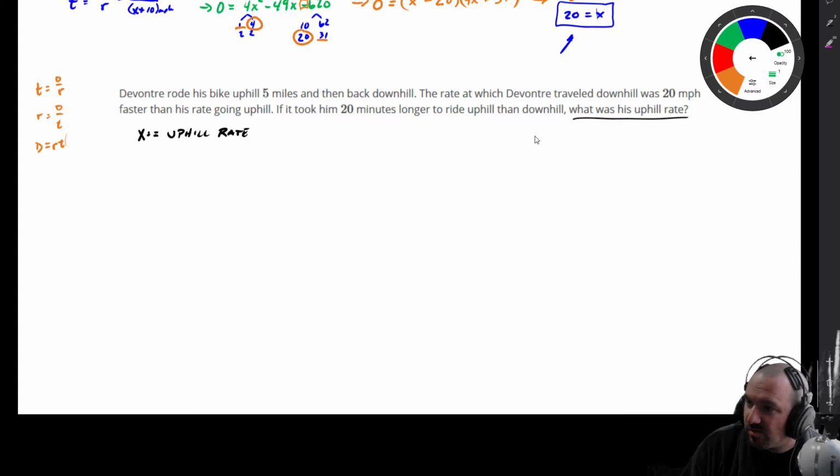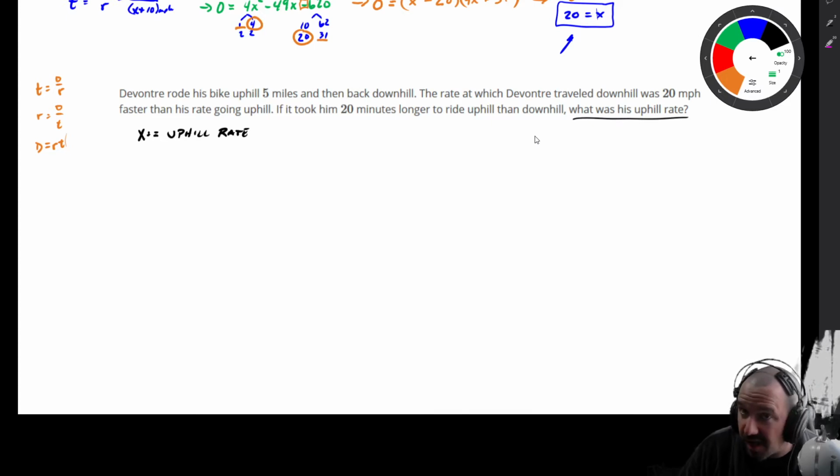So Devontre rode his bike uphill 5 miles and then back downhill. The rate at which Devontre traveled downhill was 20 miles an hour faster than going uphill. If it took him 20 minutes longer to ride uphill than downhill, what was his uphill rate? Okay. So I've got some things that I need to pull out here.